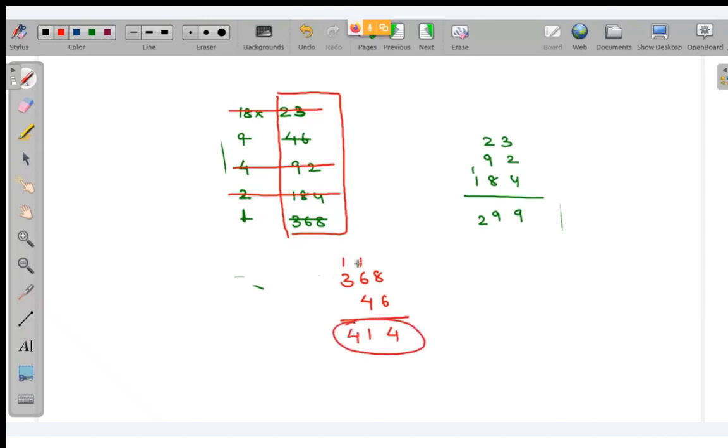So 414. So basically what we are doing is multiplying these two numbers, 18 and 23, in binary. Even I had learned this concept, so I was feeling very good.